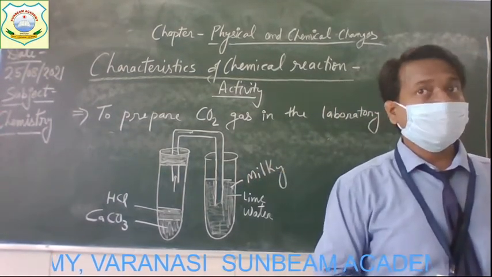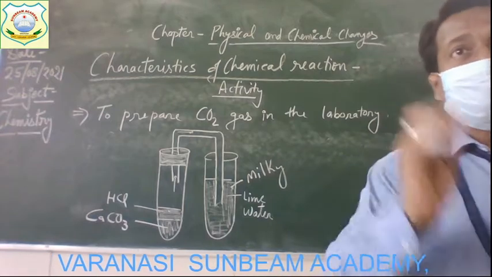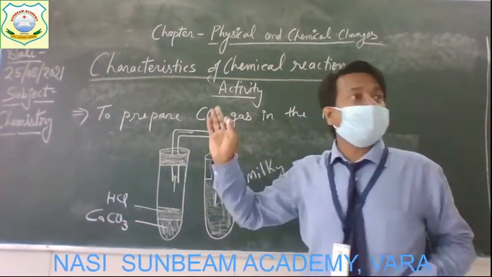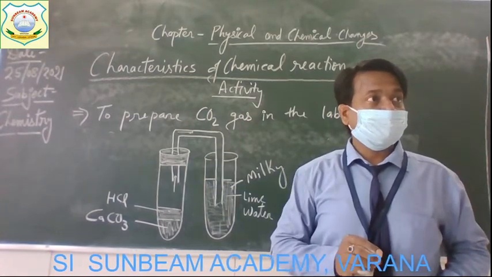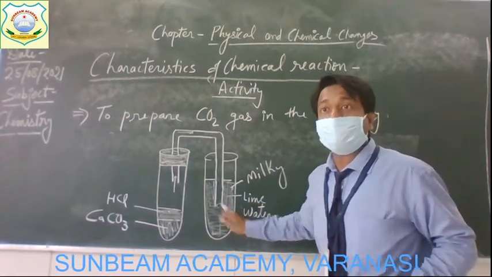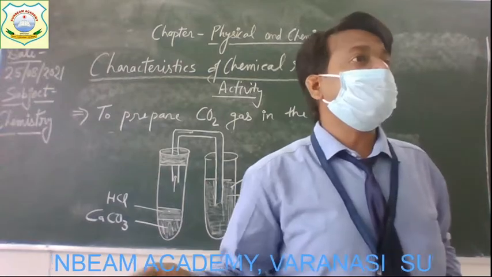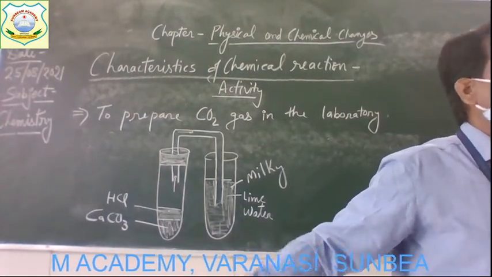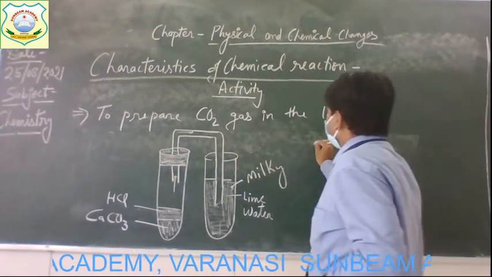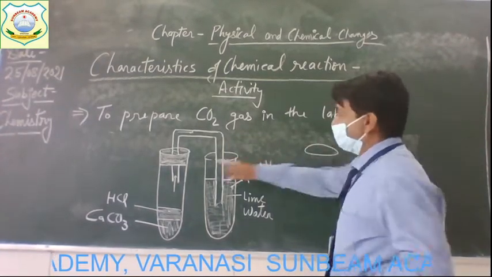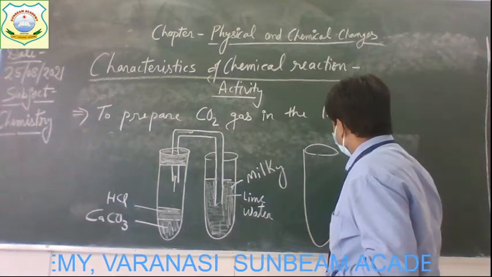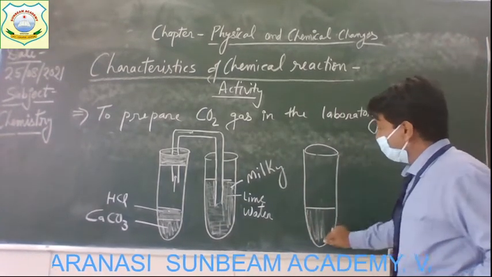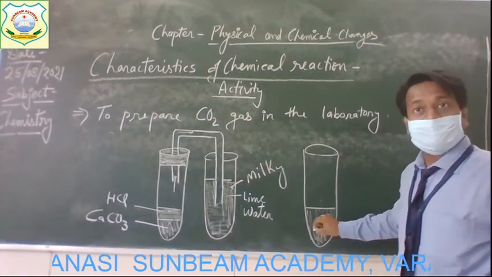Alright, everyone. Now one more way to show that the coming gas is carbon dioxide. This is one of the ways by which we can say that the gas produced here is carbon dioxide. Just prepare the same setup. Take the test tube and the mixture of HCl and calcium carbonate.